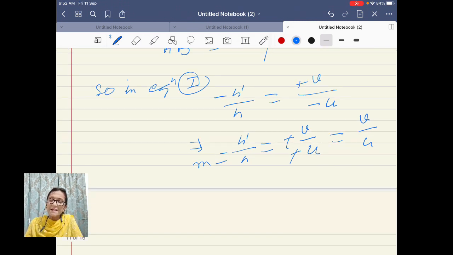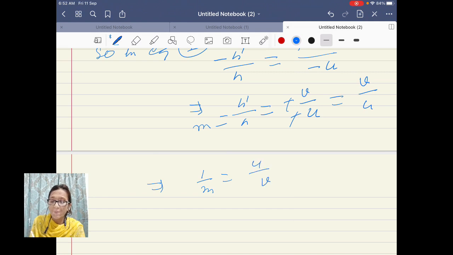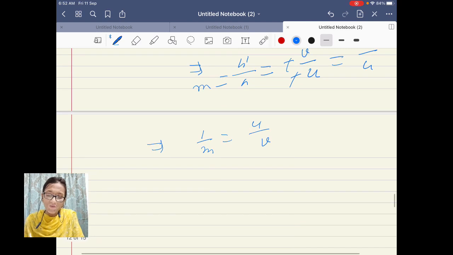Now you can change the form of this magnification of image in terms of object distance and focal length of the convex lens. Firstly we will change the numerator and denominator. I am inverting magnification. So 1 by magnification is equal to u upon v. And now we will be putting the value of 1 upon v using the lens formula.